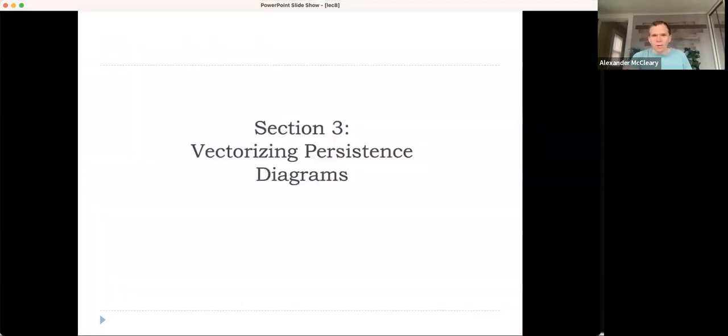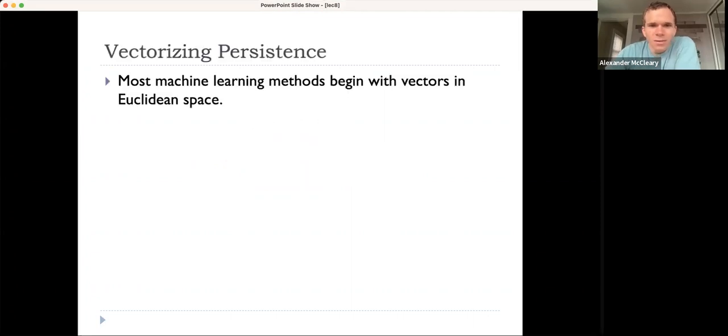Okay, so the next thing we're going to look at is methods for vectorizing persistence diagrams. With most machine learning methods, which is a pretty big area of research these days, there are tons and tons of algorithms and pipelines. But they usually start with Euclidean vectors, right? So they start with points embedded into Euclidean space, where Euclidean space is just R^n with the 2-norm.